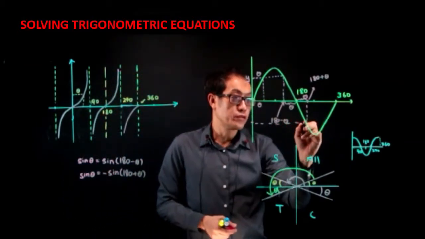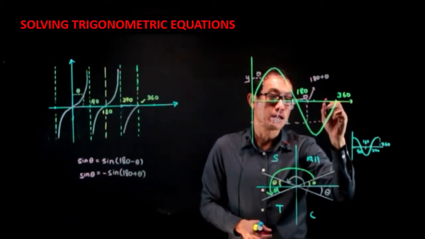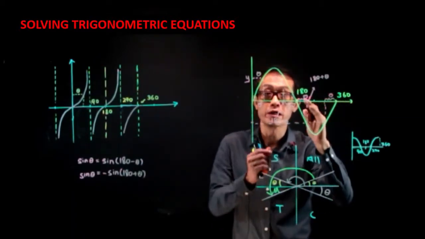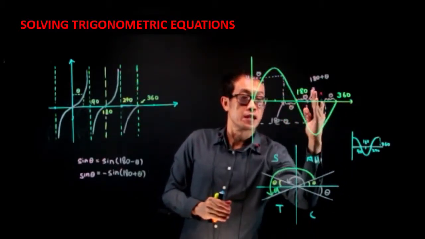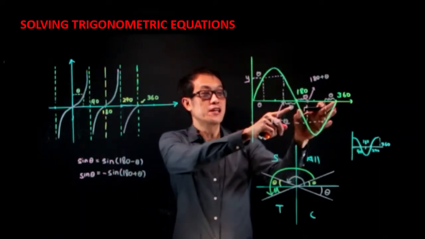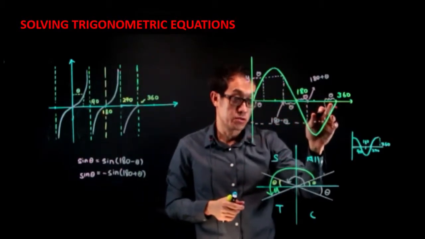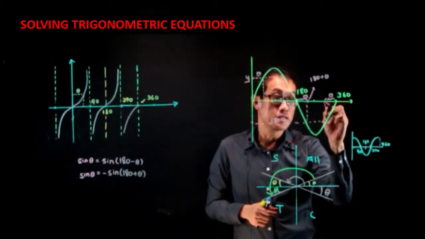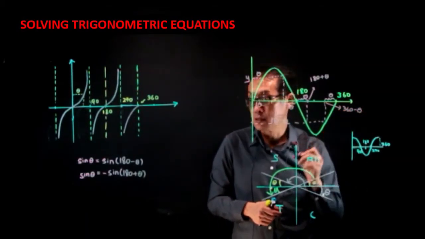Now we extend this over to this side. This distance here is also theta because it's symmetrical. There is a line of symmetry here, and this part fits exactly the same dome over here. So this is also theta. So this is 360 minus theta.